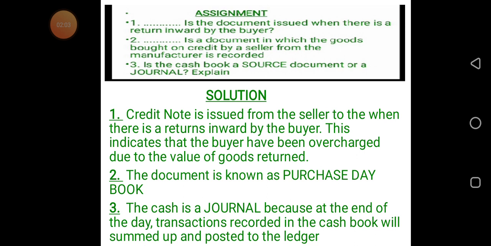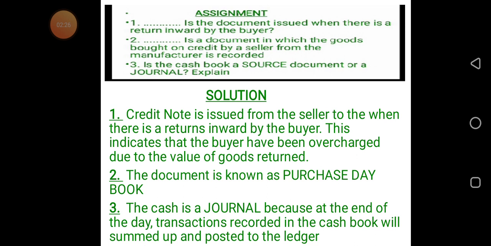Then two, the document in which the goods bought on credit by a seller from the manufacturer is recorded. Whenever a seller buys goods and returns those goods to the manufacturer, we call that returns outwards.